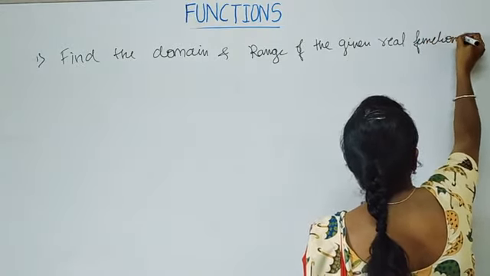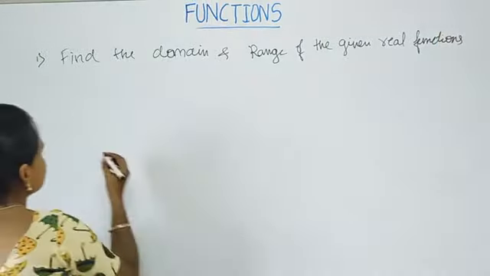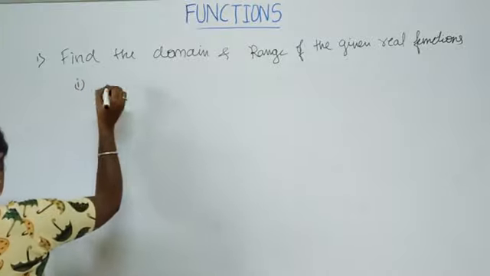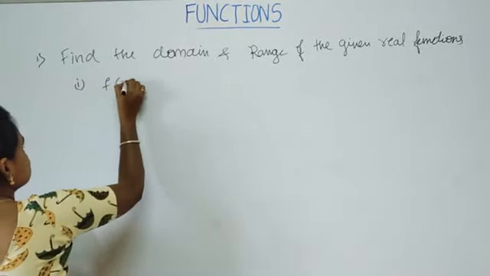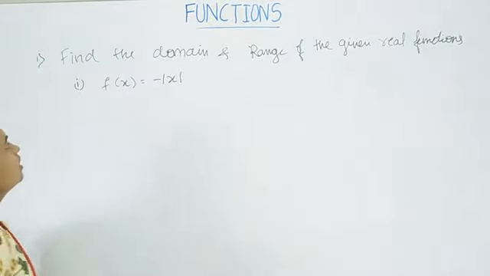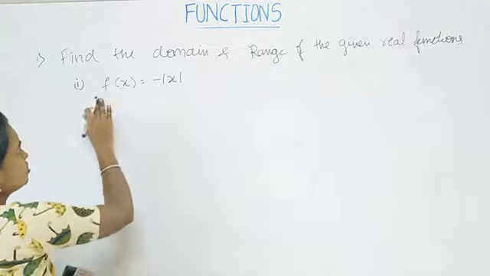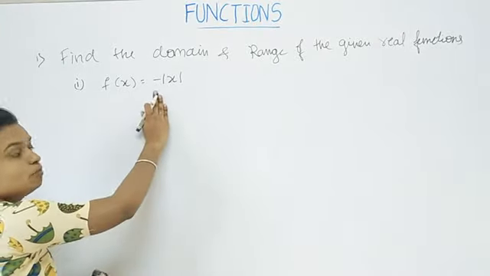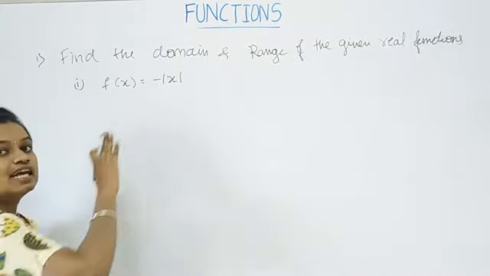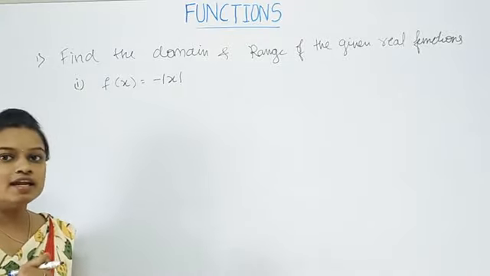Find the domain and range of the given real functions. So in that, the first one, f of x is equal to minus mod x. So given that, we have to find the domain and range of the given real function. So f of x is equal to minus mod x, so this is a real valued function. Okay, so we have to find its domain and range.